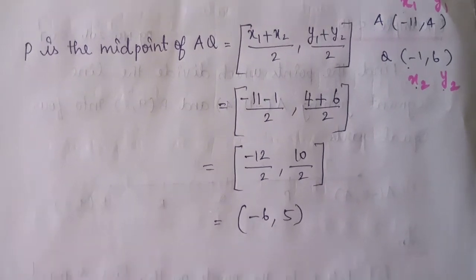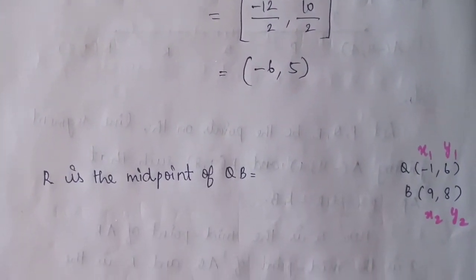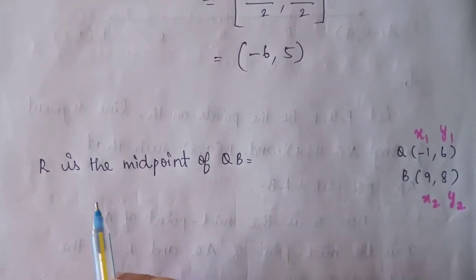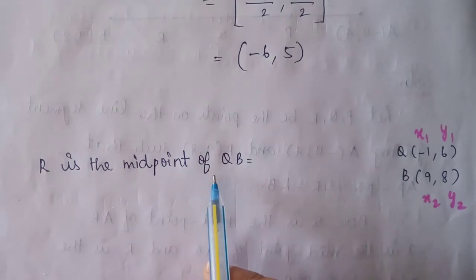So at last you have to find the midpoint R. That is, R is the midpoint of QB.